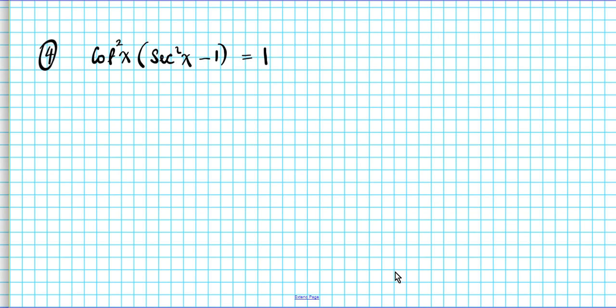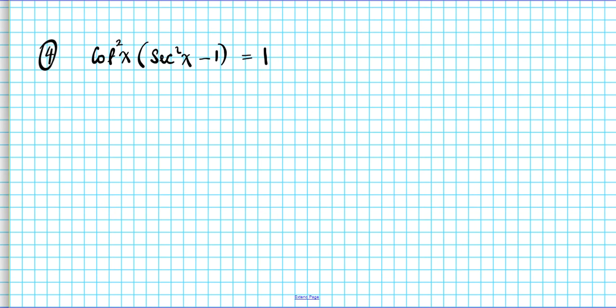Now, if you take a look, there are two ways you can do this. I can write it as sine and cosine, or I can use the Pythagorean identity. Both ways will work. But the fastest way is to use your Pythagorean identities here, okay? So which identity are we going to use in this particular problem?